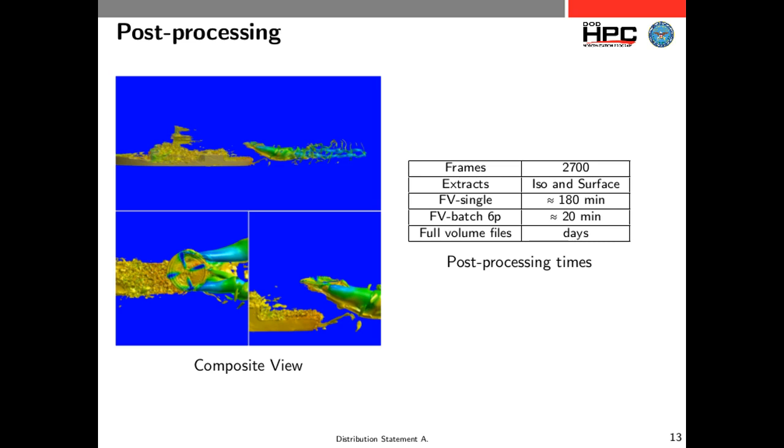Doing that with a single FieldView process would still take 2 to 3 hours, but farming it out in batch, you could get that down to 20 minutes to half an hour. Doing the full volume files would have taken days. Because we were able to do this quickly, we could do a top view and a side view zoomed in, and get a much better look at what's going on.